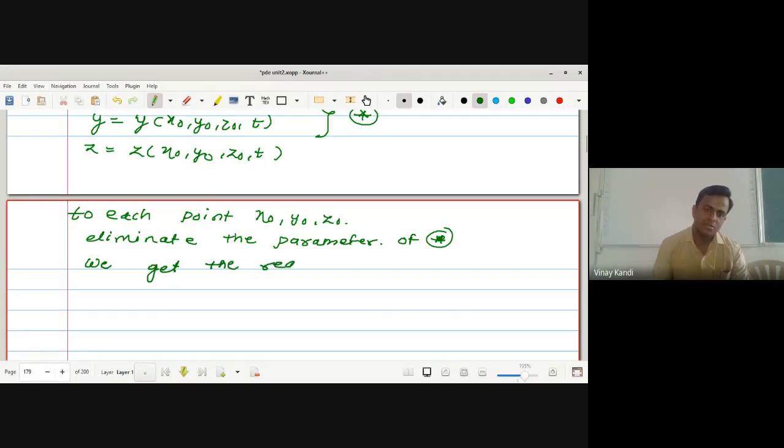So this is the method to solve the Cauchy-linear partial differential equation.